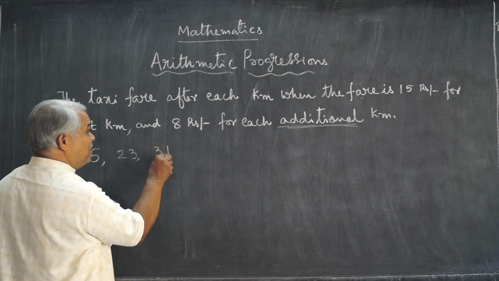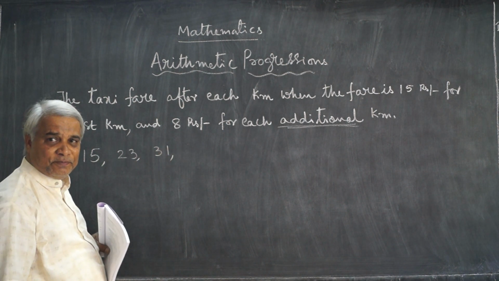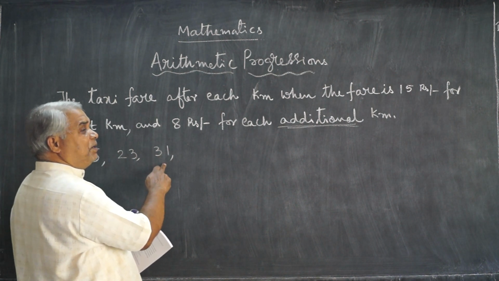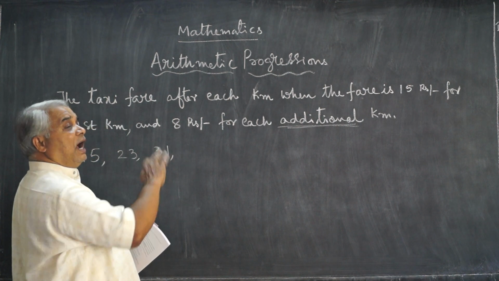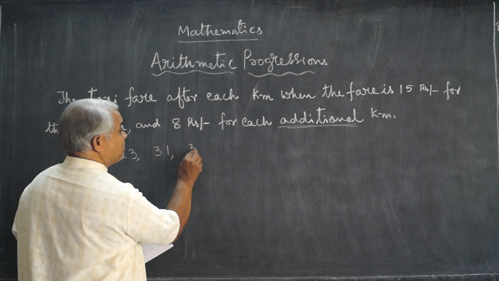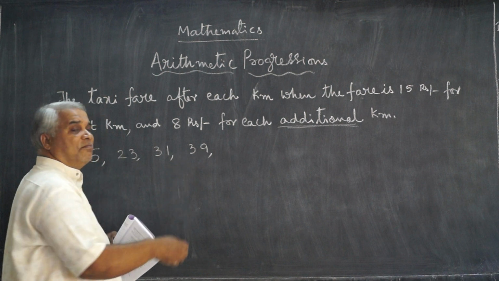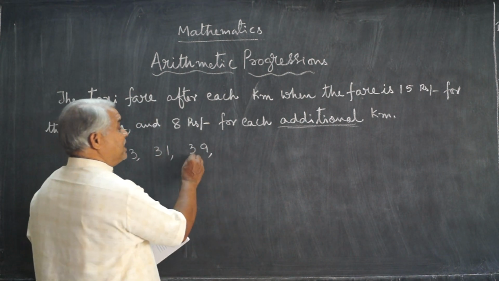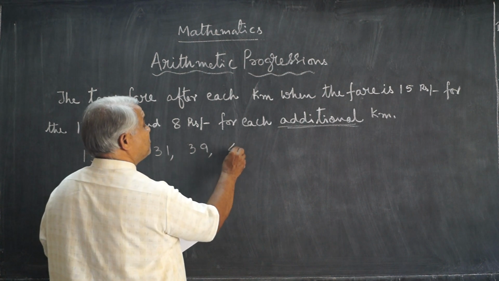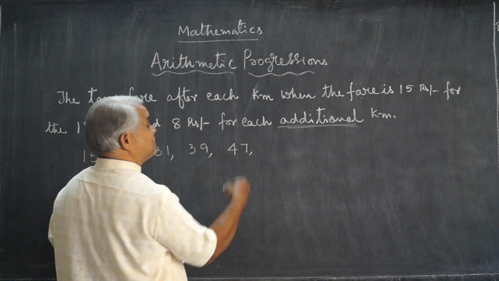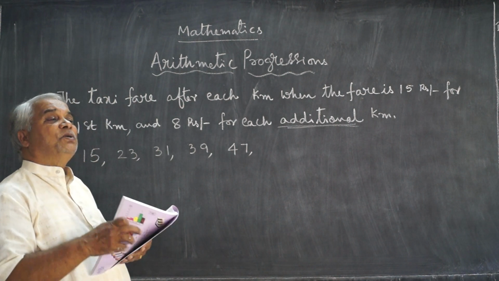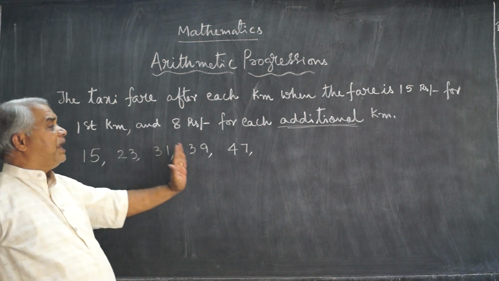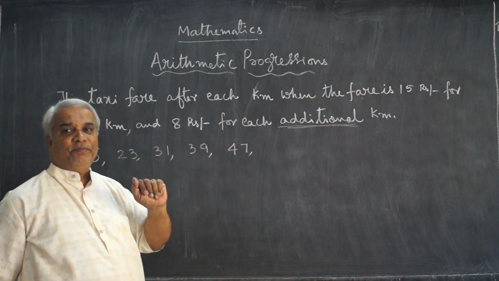It is 31 rupees. Third kilometer, fourth kilometer, add 8 rupees: 39. Again add 8 rupees, 39 plus 8: 47 rupees. This way the taxi fare has to be paid.